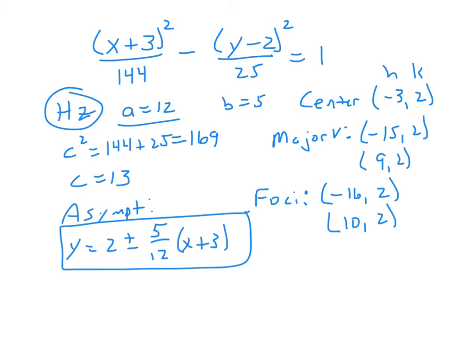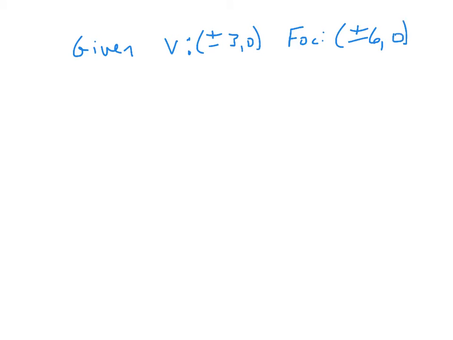Okay, let's try a different type of question. For this one, if I give you vertices to be at plus or minus (3, 0), and I give you foci to be at plus or minus (6, 0), if I plot those, I can immediately see that my vertices are here, and my foci are here and here.